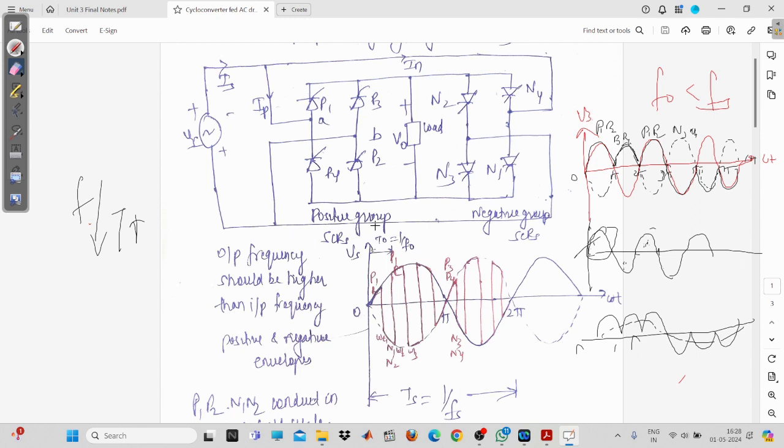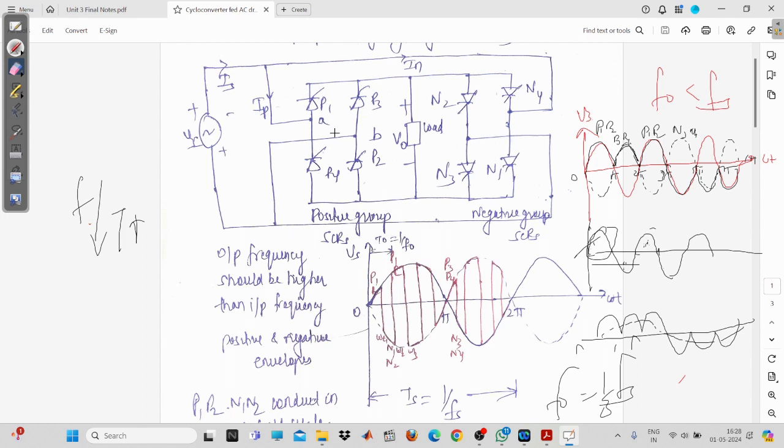We are delaying that. When you are delaying it, you are reducing the output frequency. So in this case, your output frequency will be F0 equals 1 upon 3 Fs. Your supply frequency is this much only, but you are delaying by three cycles. In this way you can obtain the output frequency for the step down cycloconverter.